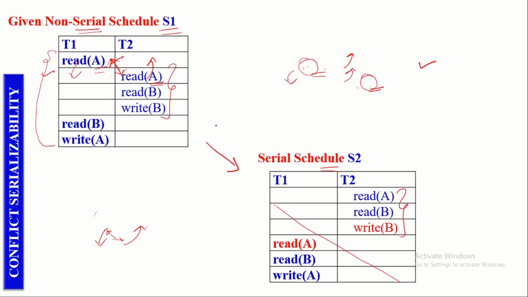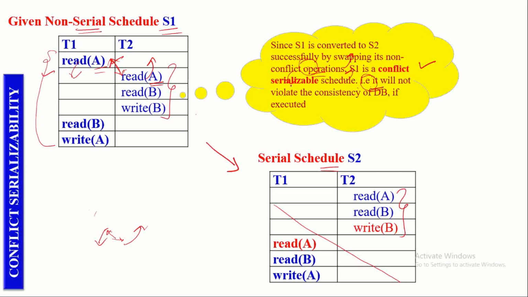That's why we can say this is the conflict equivalent of a serial schedule S2. When a non-serial schedule is determined to be conflict serializable, it will not violate the consistency property and it can be permitted to execute.